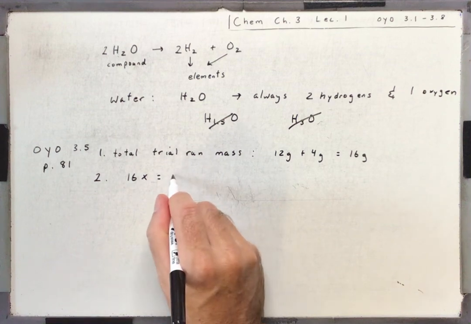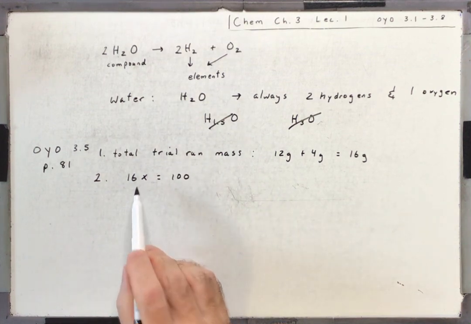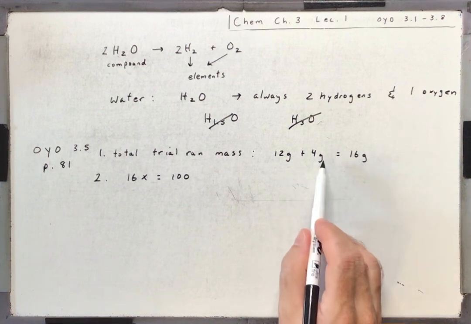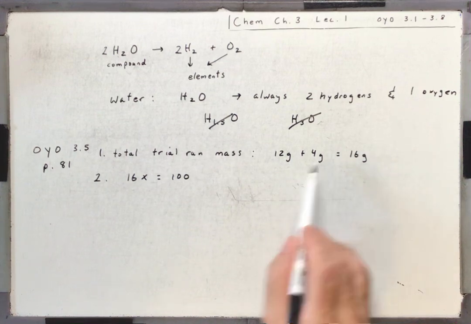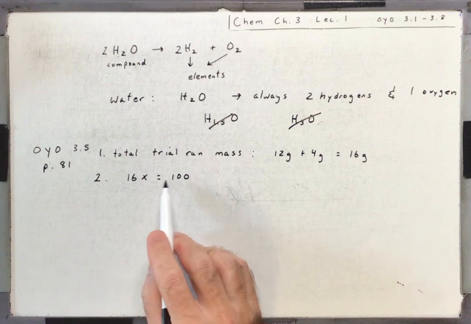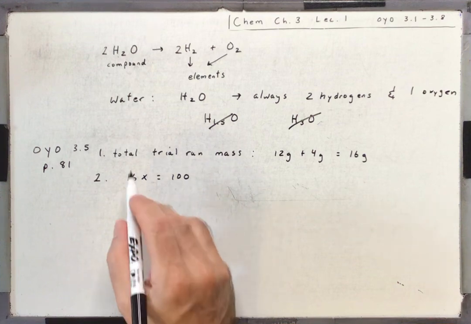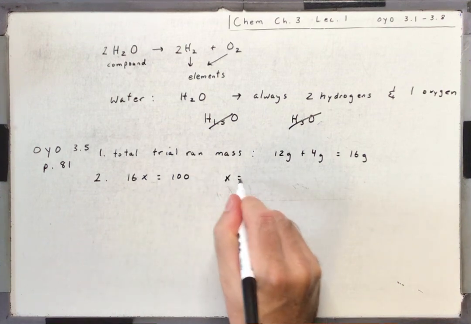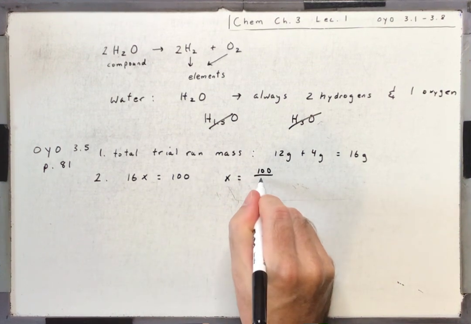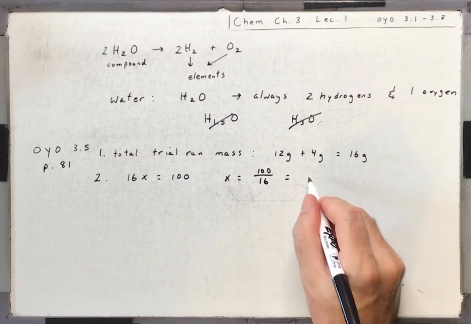If you look at the problem, you want to know how much carbon and how much hydrogen we need to make 100 grams of natural gas. Okay, so we have 16x is equal to 100. We solve for x. x is equal to 100 over 16. Or if you put that in your calculator, you'll get 6.25.